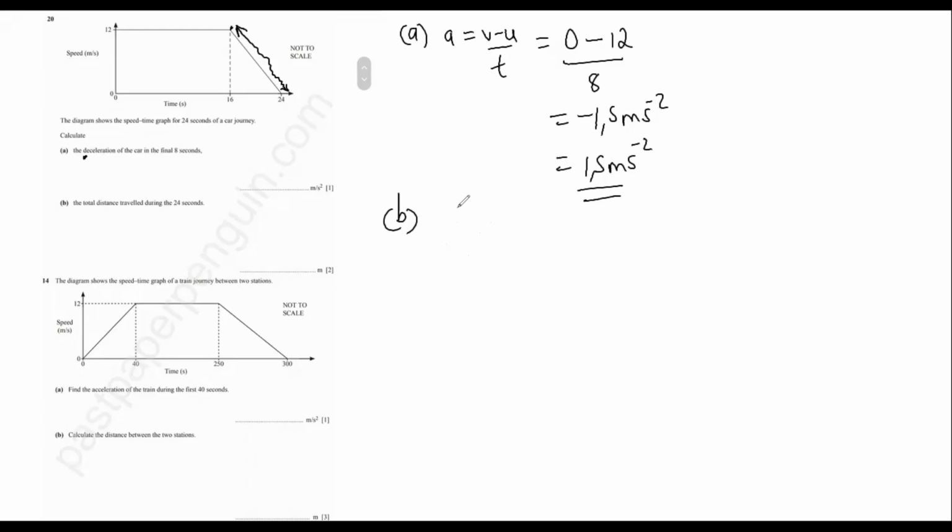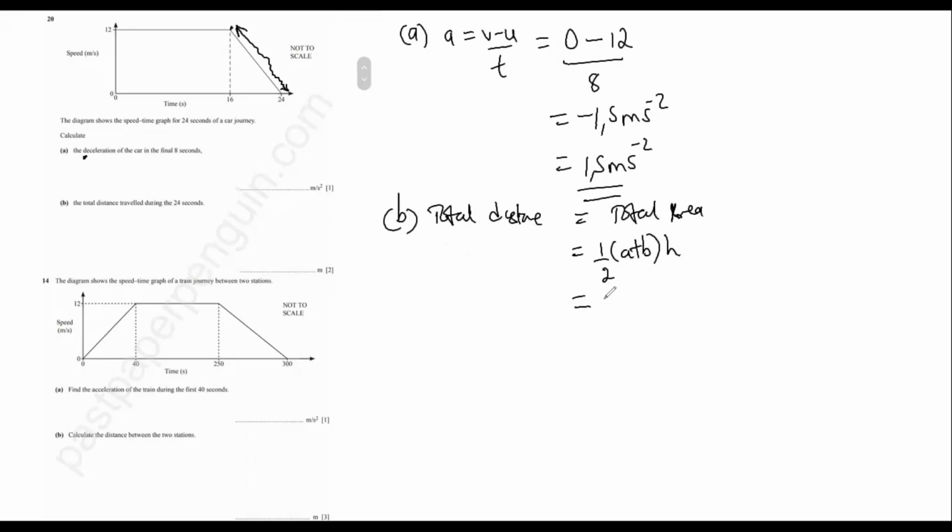So total distance traveled is equal to the distance under the graph. Our shape is a trapezium. So our formula is equal to half bracket a plus b times h.